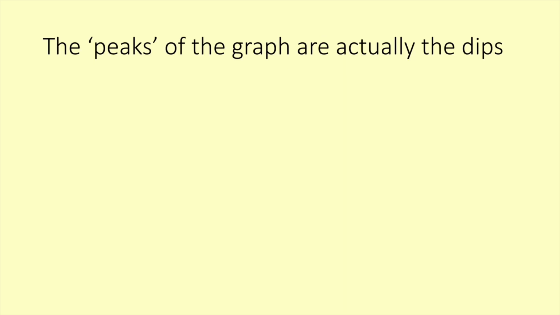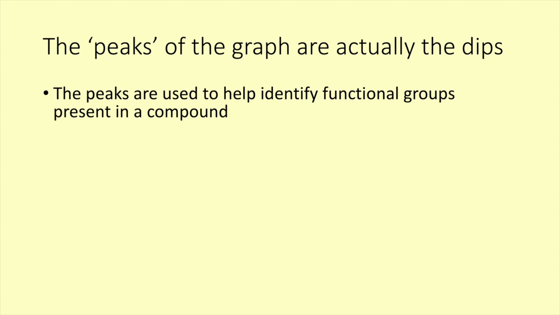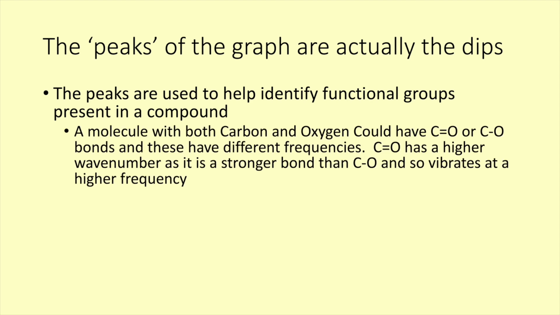When we're looking at the graph, we talk about them in terms of peaks. However, what you'll notice is they are actually the dips of the graph. We are able to use these peaks to identify functional groups present in the compound using those unique frequencies of bonds, which means that we get unique peaks in our graph.